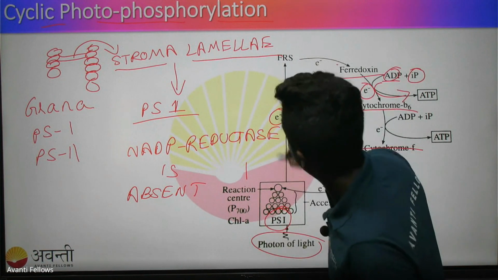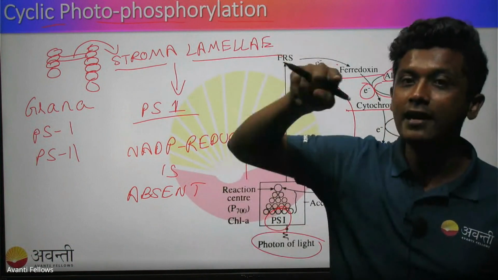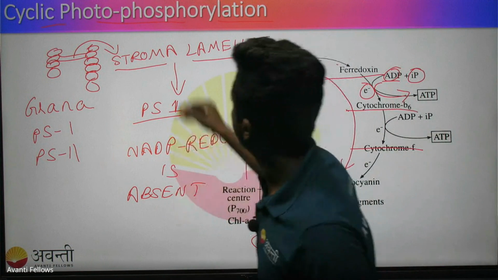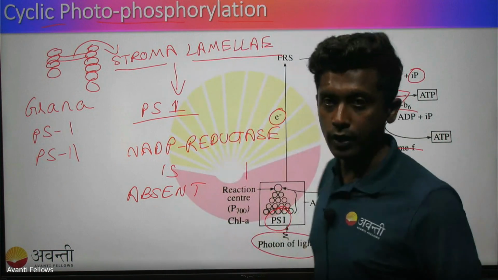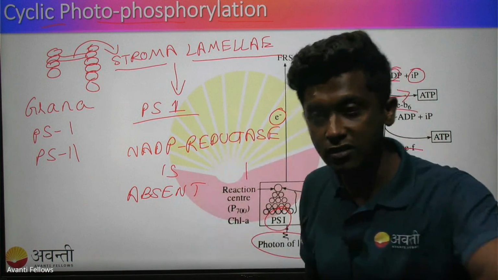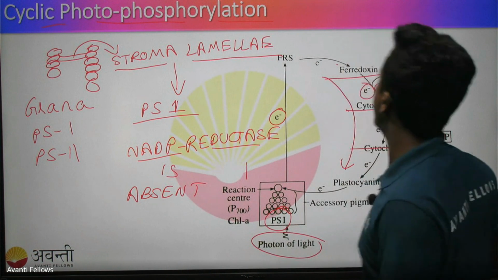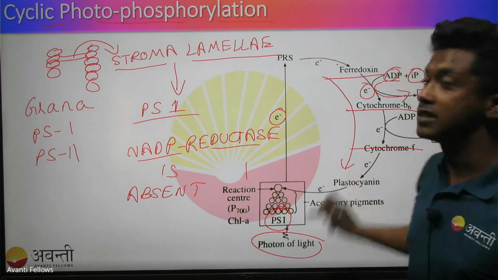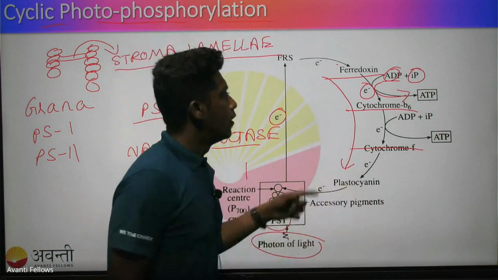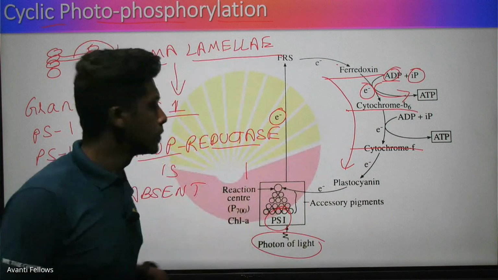The transportation of electrons happens in a cyclic manner where the excited electrons are returned back to the same photosystem. It is found in stroma lamellae alone. And what does the stroma lamellae lack? It lacks the NADP reductase enzyme. So that is why the moved electrons are used for conversion of ADP into ATP through phosphorylation in an electron transport. Okay, clear?